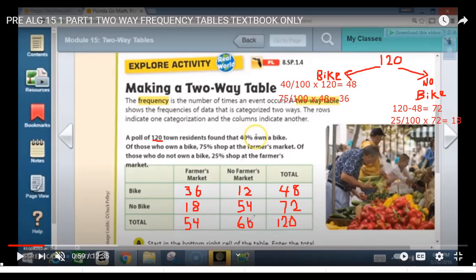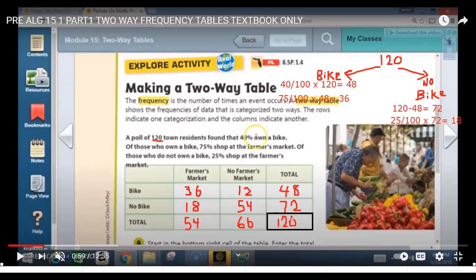It will be 66. Now I want to check: 54 plus 66 will be how many? 120. And 48 plus 72 will be how many? 120.